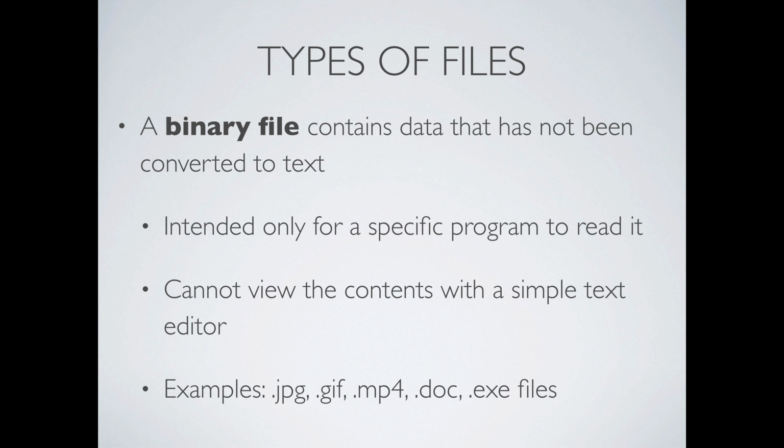So examples of binary files, any image files, those are going to be binary files because you're supposed to use some sort of image editing software to open them. .doc files, so Word document files, those are binary files because you're supposed to open them with Word. You can't open a Word doc in a simple text editor like Notepad, TextEdit, anything like that.